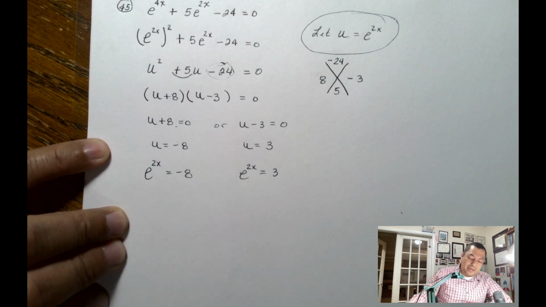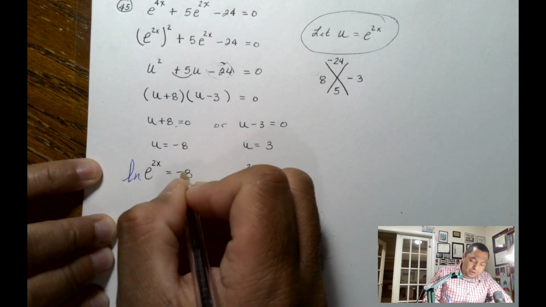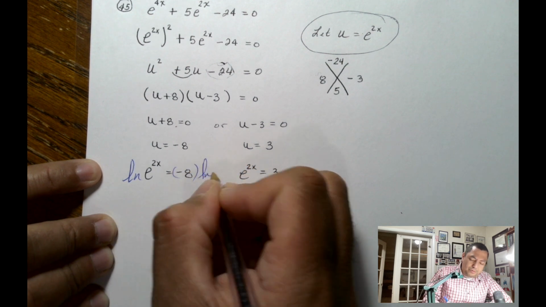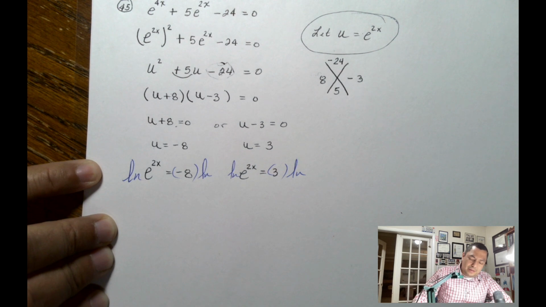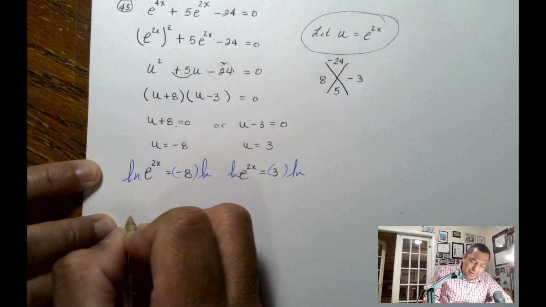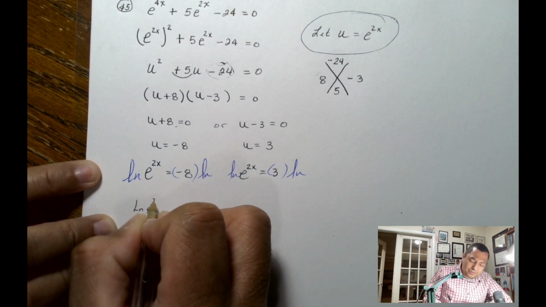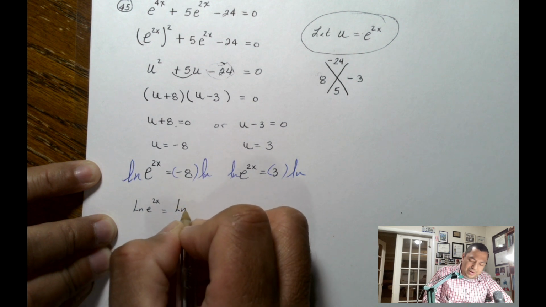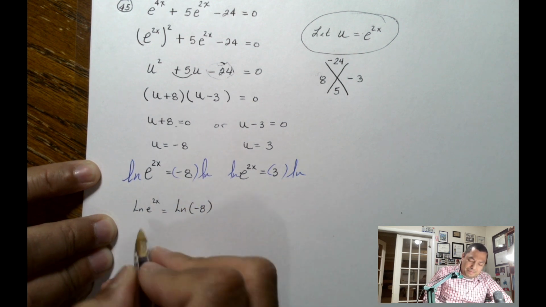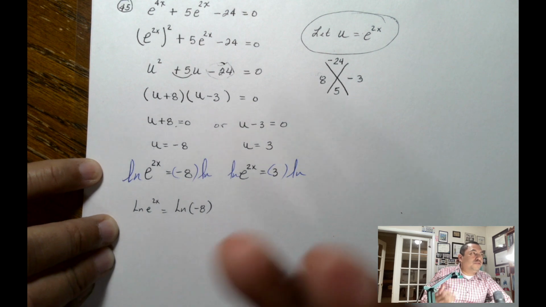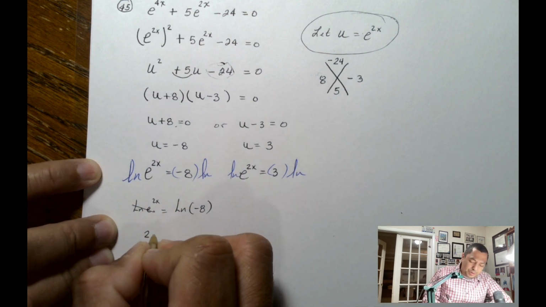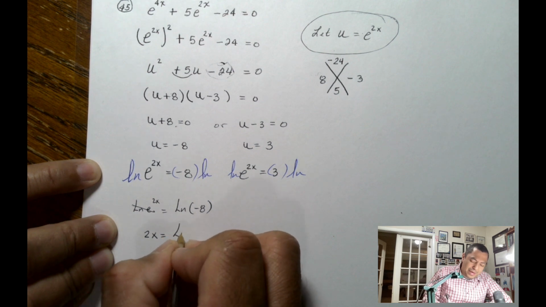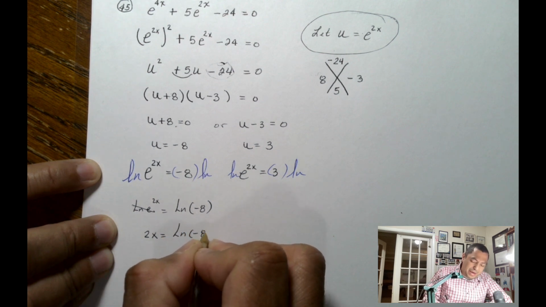Now, how do we get rid of this e to the 2x? We're going to apply natural log on both sides of the equation. So I'm going to have ln e to the 2x equals ln negative 8. This ln will cancel out this e. That's the property. So I have 2x equals ln negative 8.